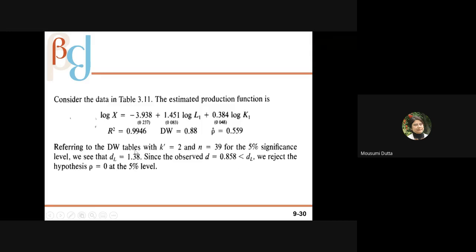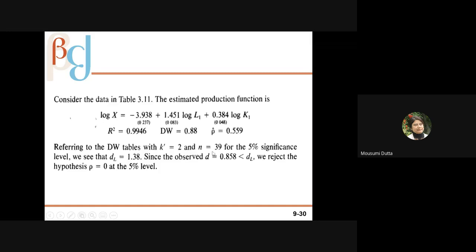Referring to the DW tables with K prime equal to 2 and N equal to 39. K prime is the number of parameters without the intercept term.